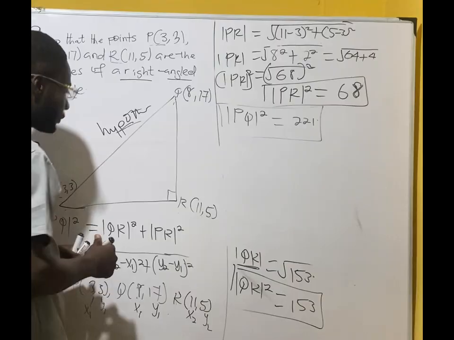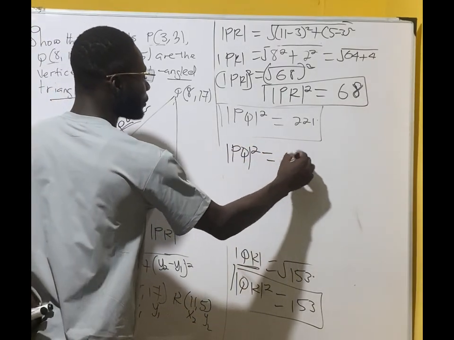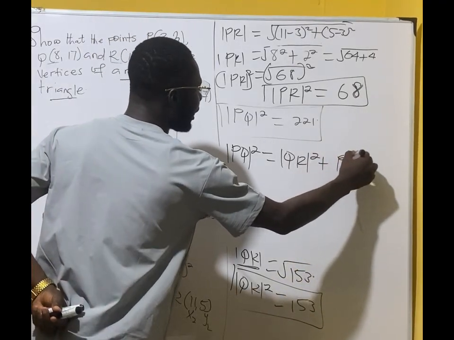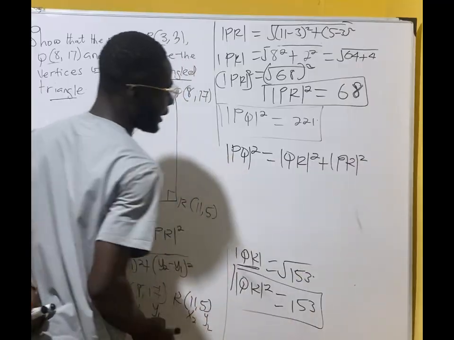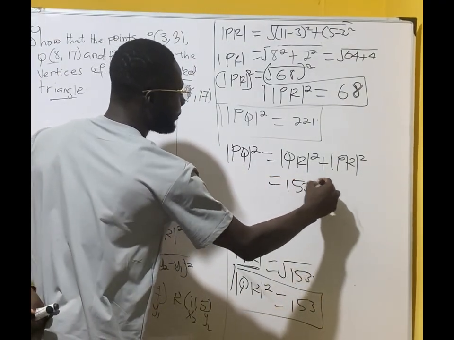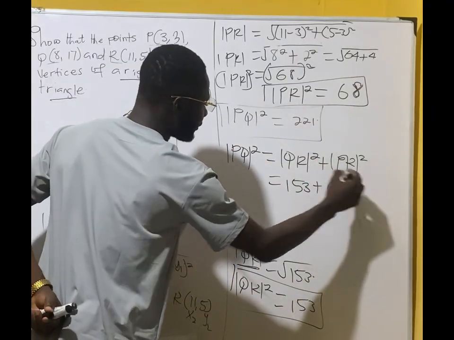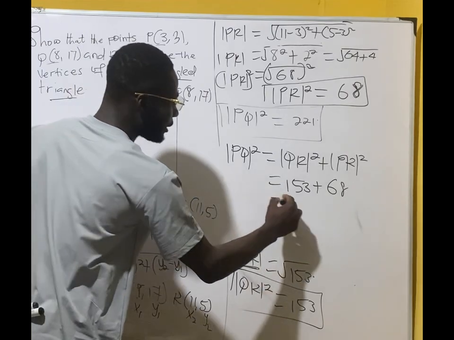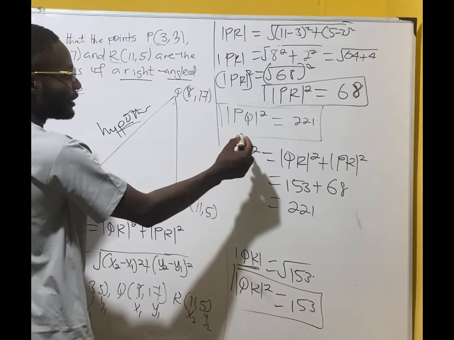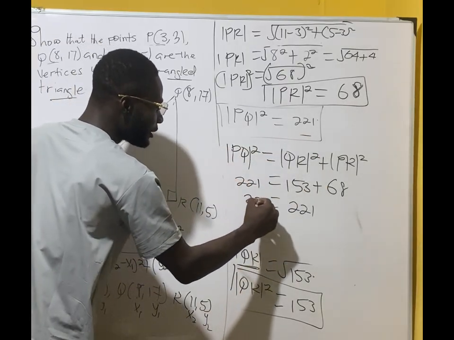So PQ squared is equal to QR squared plus PR squared. We know that QR squared is 153 plus PR squared is 68. So that should give us 221, and this as well gives us 221.